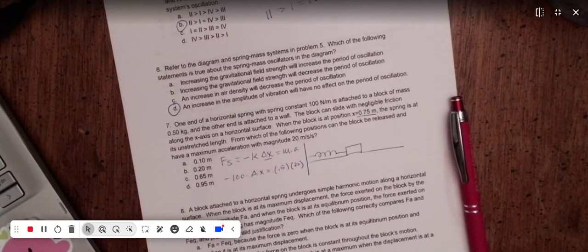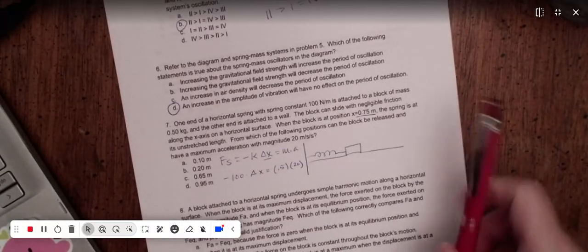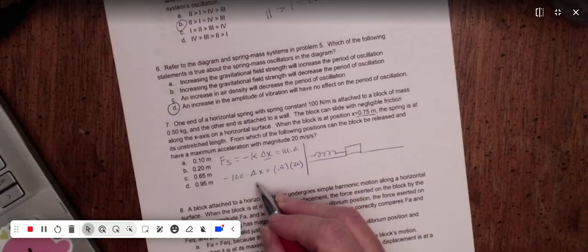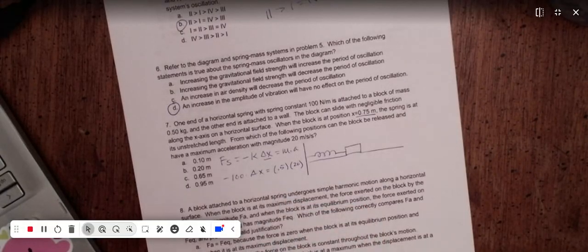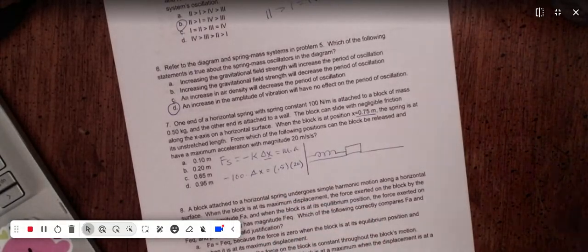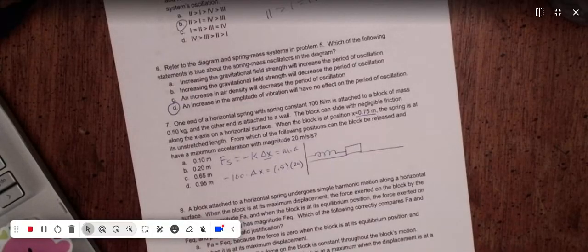Let me do that real quick in my handy dandy calculator. So I'm going to get 0.10 meters, basically. Is that right? Yeah. Hang on.